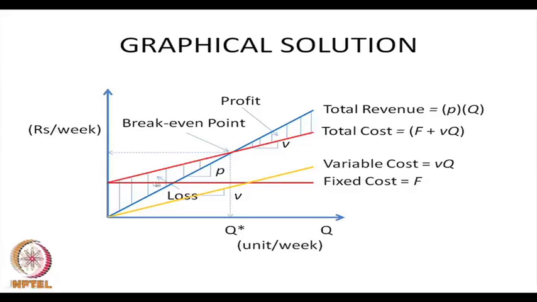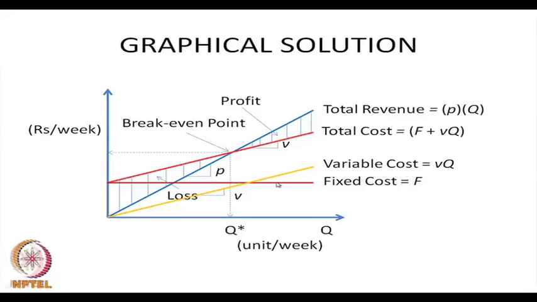Now, the horizontal line is the fixed cost F. It is not a function of Q and therefore, it is a horizontal line parallel to the Q axis, and this is the variable cost, it has a slope V. So, the variable cost is equal to V into Q.